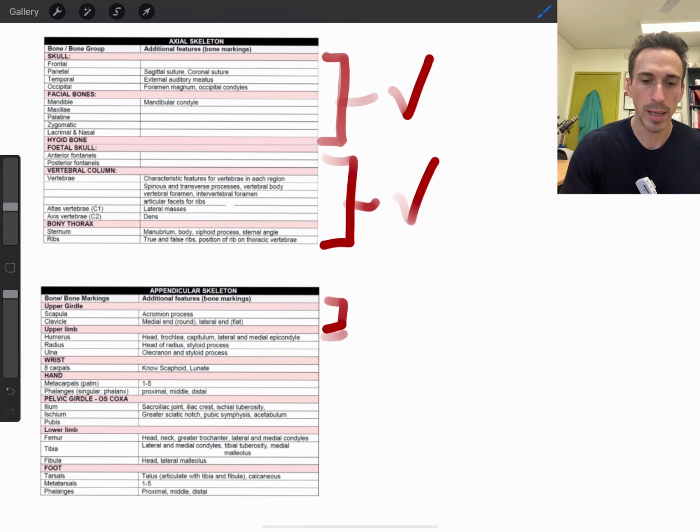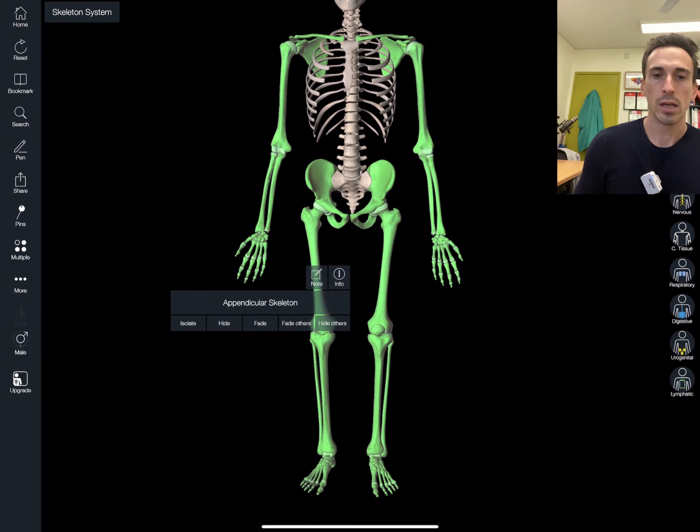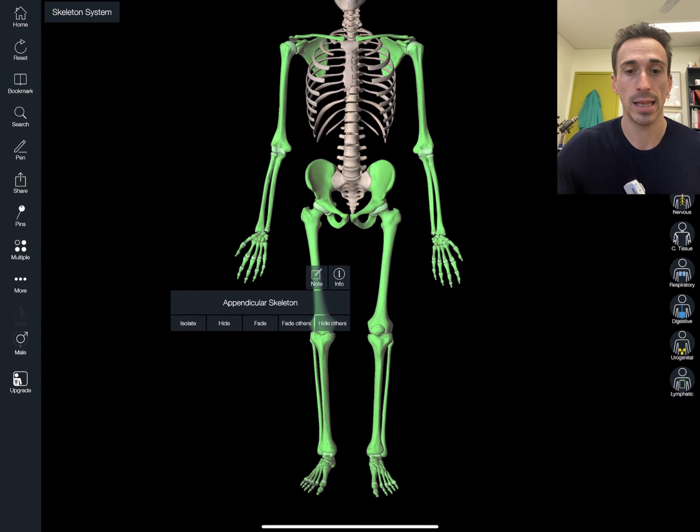Then we're going to look at the upper limb, which is the humerus, the radius, and the ulna. Then we're going to look at the wrist and the hand, and go through some of these important points. Then we're going to look at the pelvic girdle, but we'll come back to this particular page in a minute. So here is the appendicular skeleton.